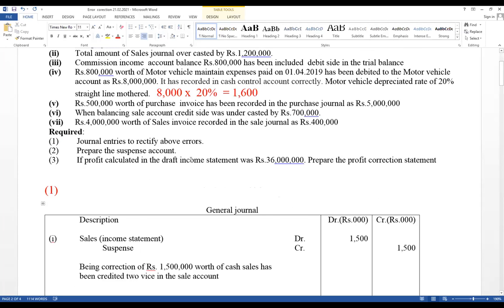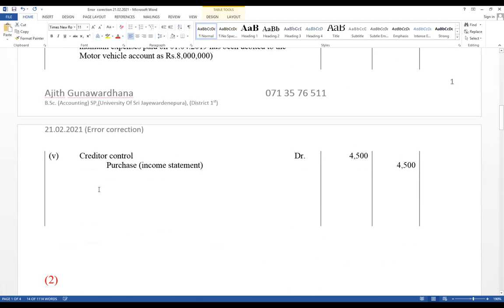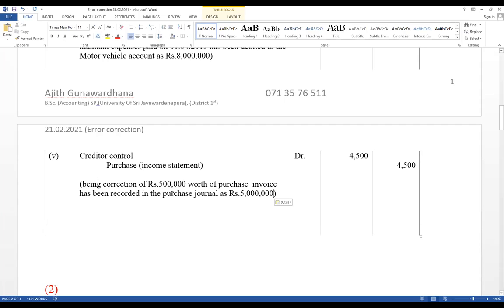Therefore, narration: being correction of rupees 500,000 worth of purchase invoice has been recorded in the purchase journal as a 5,000.